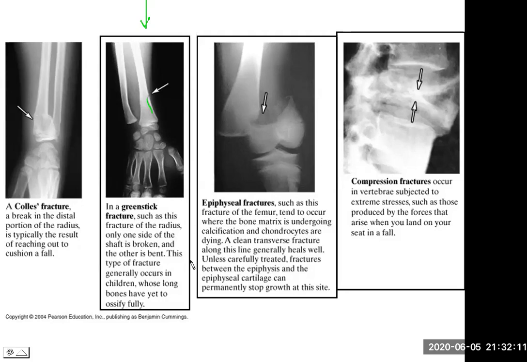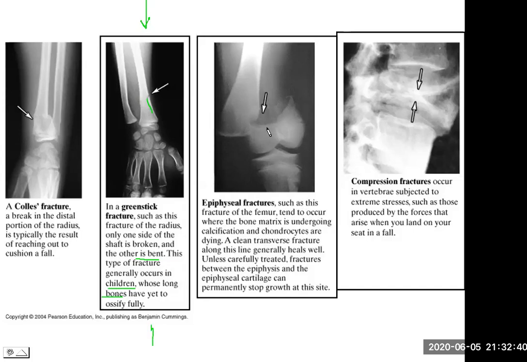So due to the bending of these softer bones, that can now lead to this superficial crack, this green stick fracture. The term itself, green stick, applies to a young tree. The softer, flexible tree trunk, and if it bends, it can have those fractures. And that's where this name comes from.